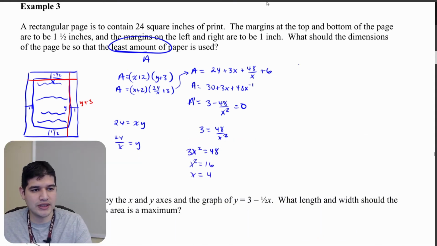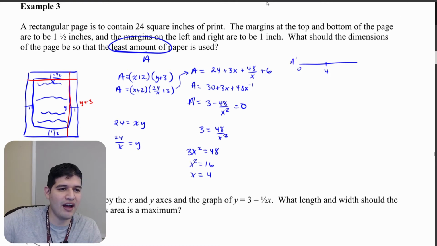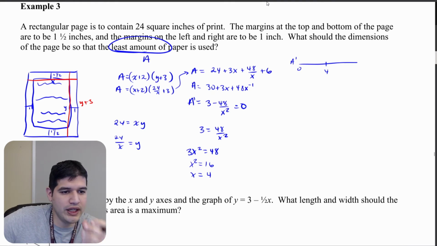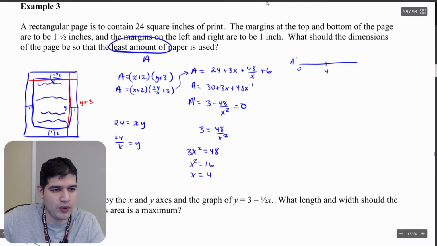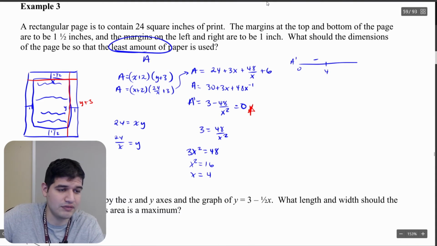We're going to go to a sign chart. I'm going to put 4 in there, so 0, here's 4, and this is going to represent A prime. If I have a value, let's use 1, because that's in between 0 and 4, I'm going to get 3 minus 48 over 1, using the equation right there, so that is going to be a very negative value.